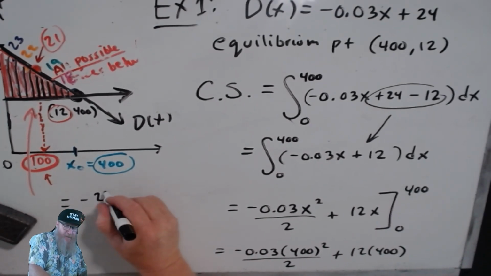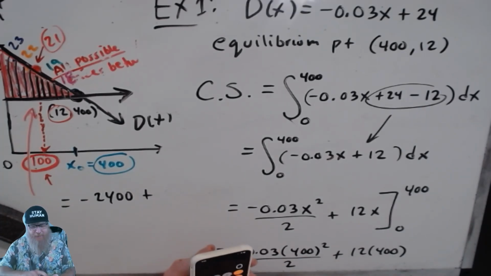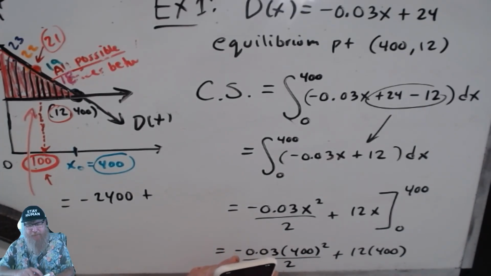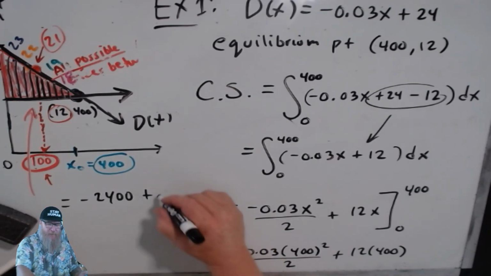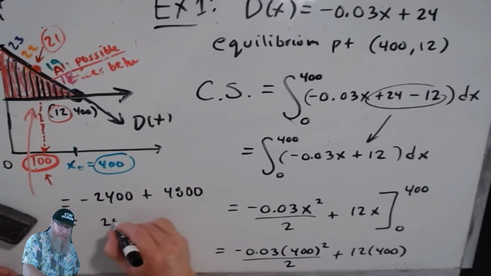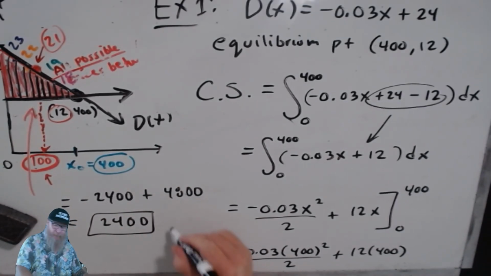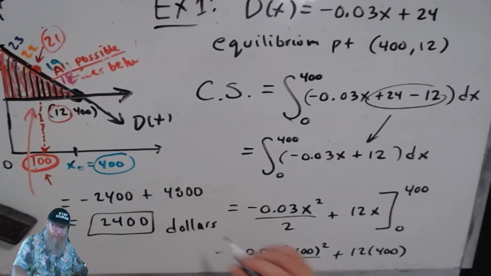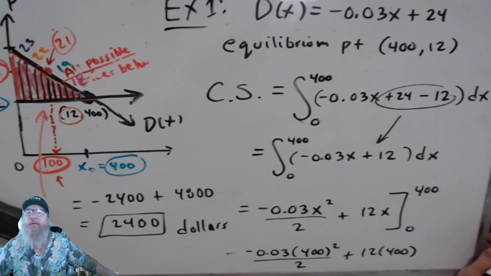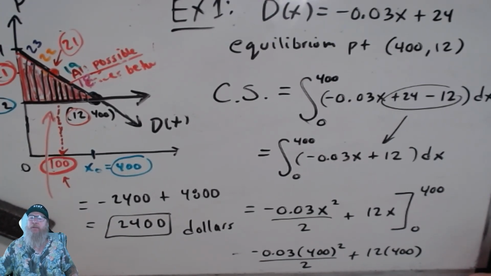So this equals negative 2,400 plus 12 times 400, which is 4,800. So $2,400. And that's the consumer surplus.